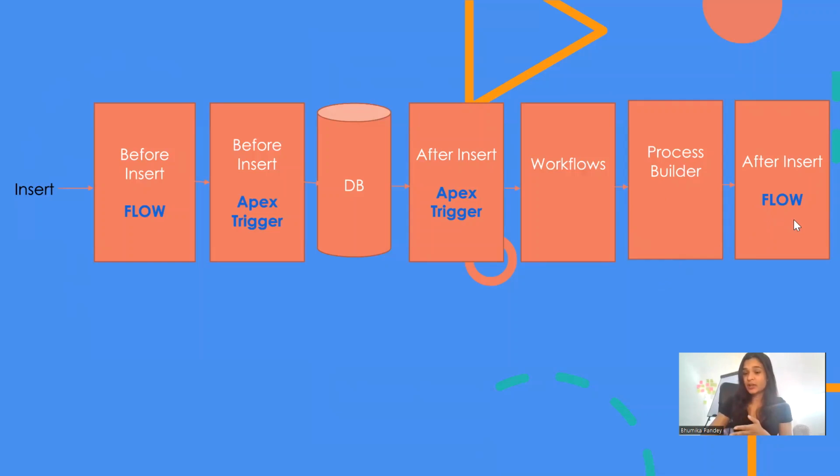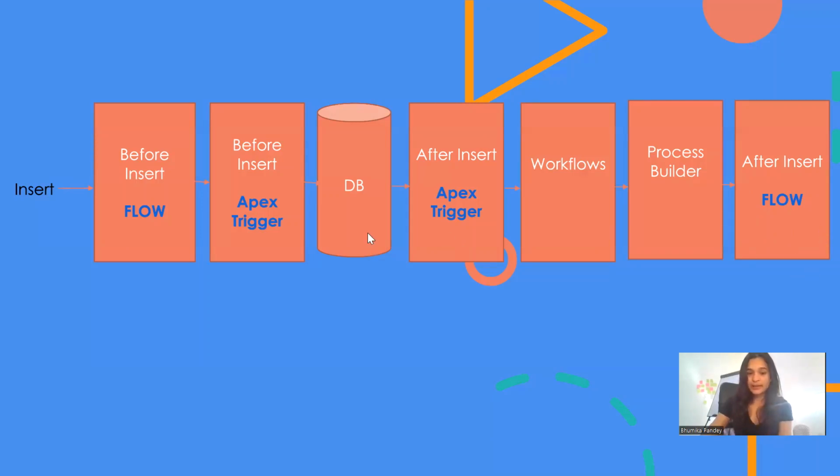And at last, it checks if there is anything in the after insert of flow. In short, anything in the after save activity gets executed if there's anything in the flow. So this is a very short highlight of that.